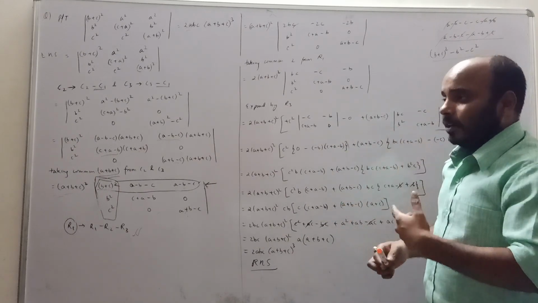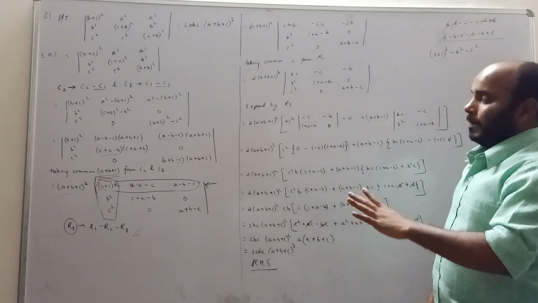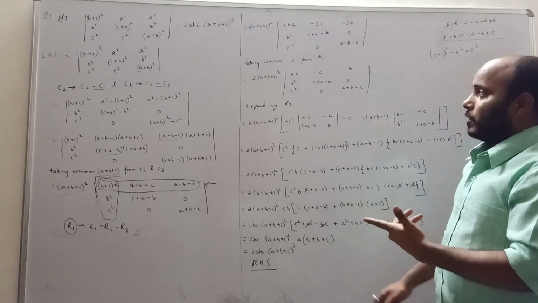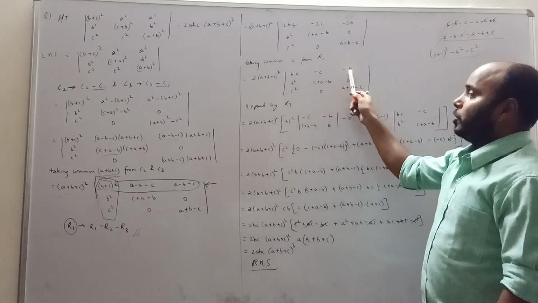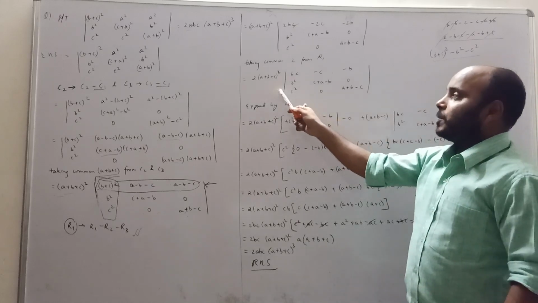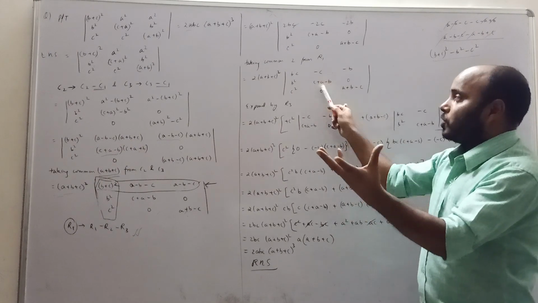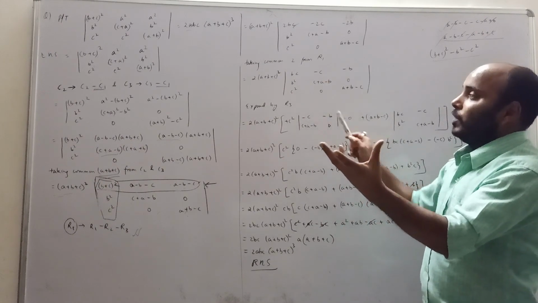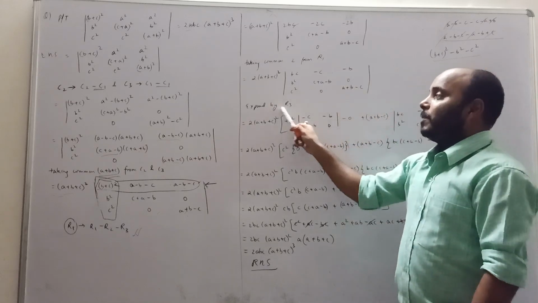For better results, we try to expand using that row which has zeros. Maybe 1, maybe 2. Because if we expand by R1, we will have all three terms to expand here. But if we expand by R3, this one term becomes smaller. This term will become 0 totally, so we are left with only one and this and this. So we expand by R3.